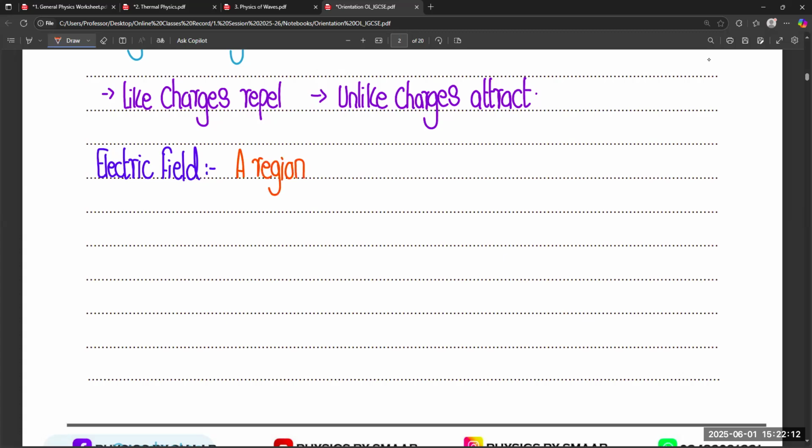A region in space around a charge. So for example, if you place a charge, in the surrounding of the charge there is a specific region in which that charge can attract any other charge or it can repel any other charge, right?